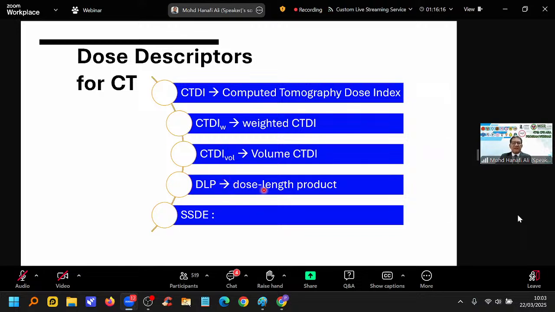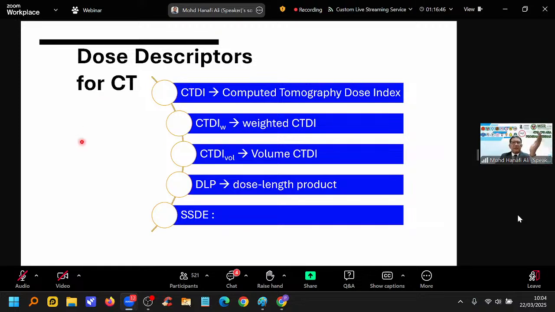Normally we can get it from different journal articles or from the European guidelines, something like that. The number is slightly different. Then from that factor, we can call it millisievert or effective dose.